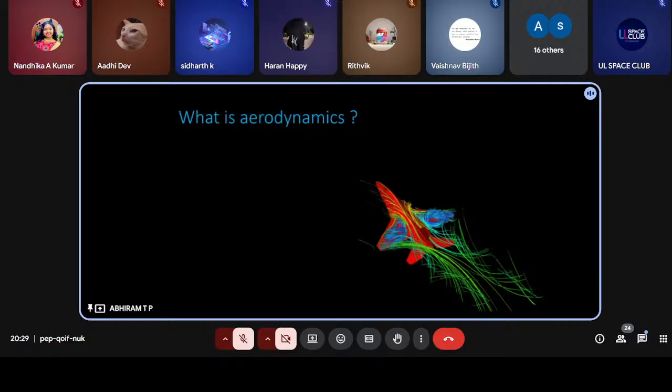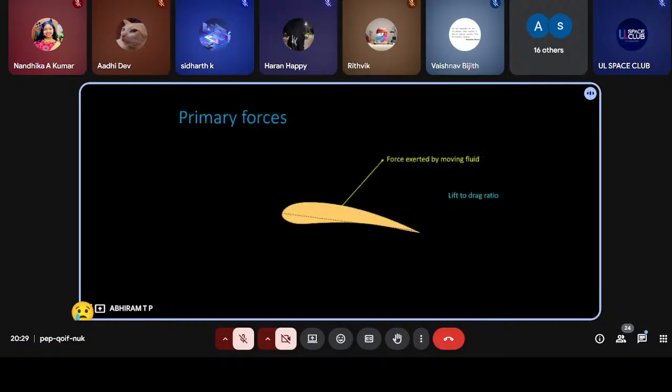So let's simply analyze a body just remaining at rest in a flowing liquid. Here the flowing liquid will exert a force in this direction, slightly inclined to its horizontal and vertical axis. That is the actual force exerted by the moving fluid on the surface of the body. I think most of you might be familiar with the resolution of vectors.